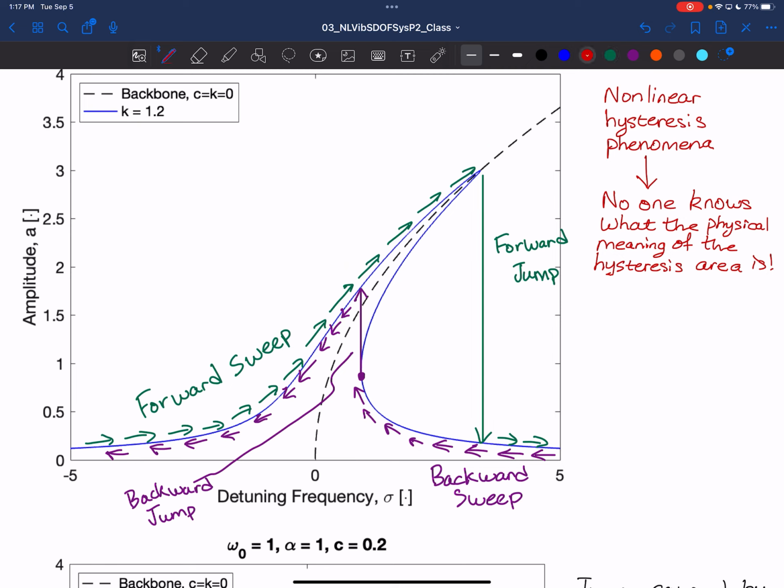Okay, so what about this curve in the center between the green and the purple curves over here? Do you think we can reach or achieve that level of response?